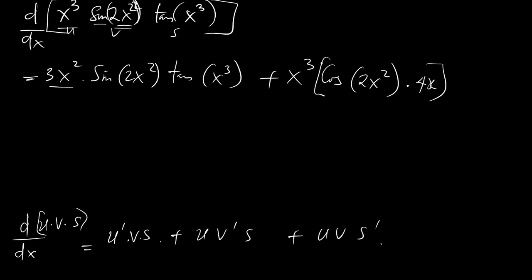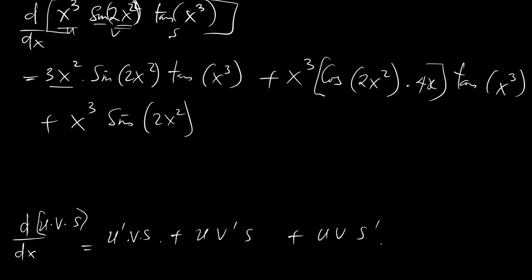Then you leave this x, which is tan x cubed, then plus, you leave u the way it is, you leave v the way it is.